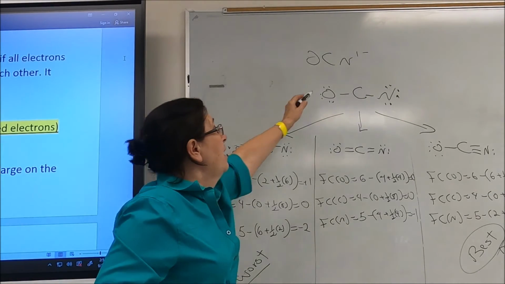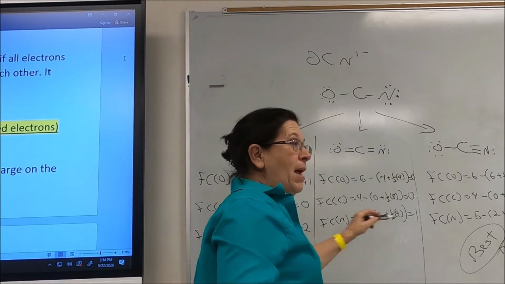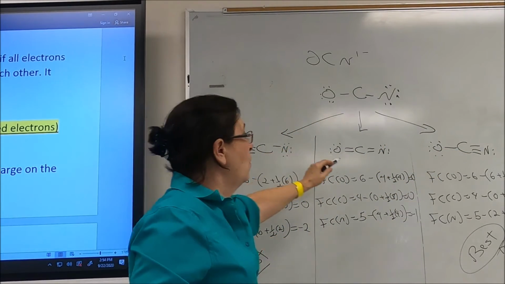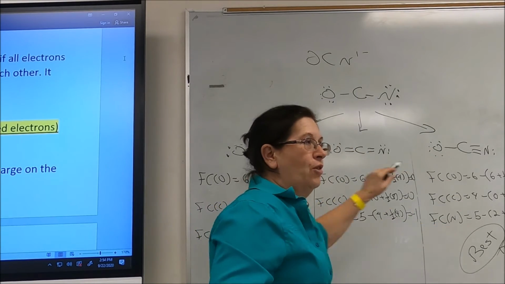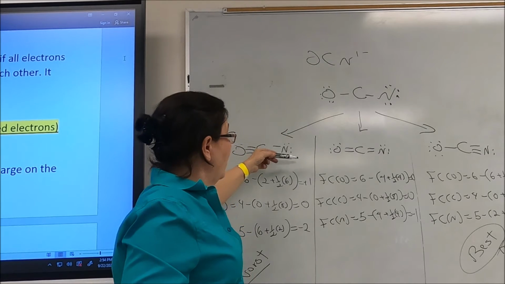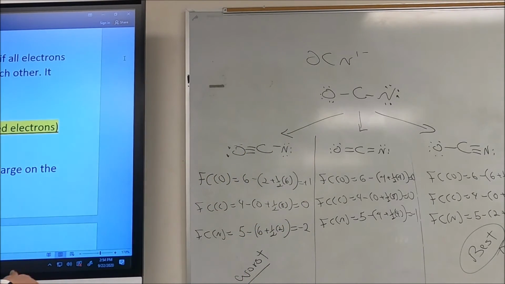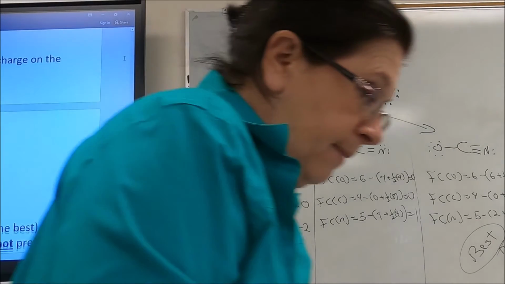I am not going to give you this and ask you to draw the structures and then make the determination, because if you don't get the structures right, you can't do this part. So I will give you this and this, and I'm going to ask you to do this. Okay? So formal charge. All right.